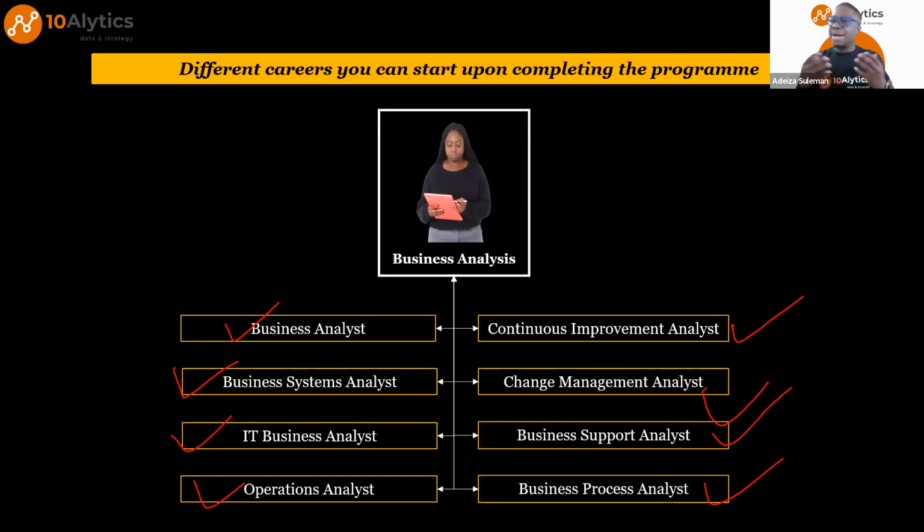The question is, how do you identify if a job is right for you? And that is where you have to look at the job requirements. And this is what we teach you when you join us or register with us at Tenalytics. We show you what you have to take note of during the job application process.